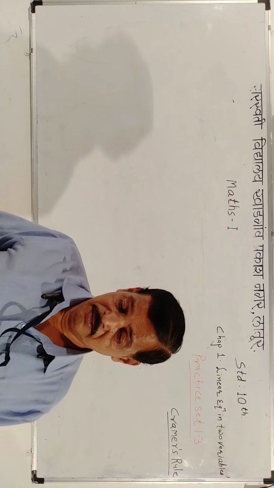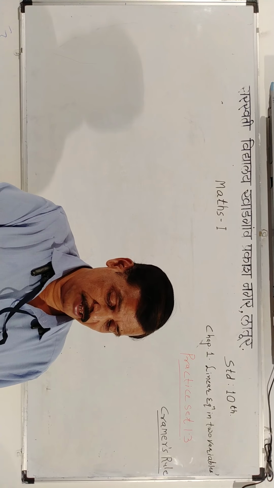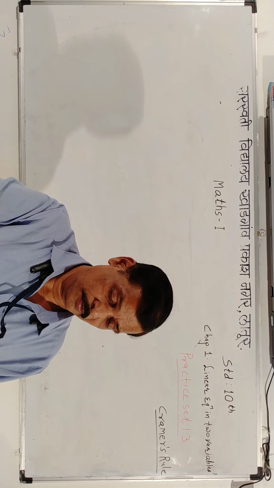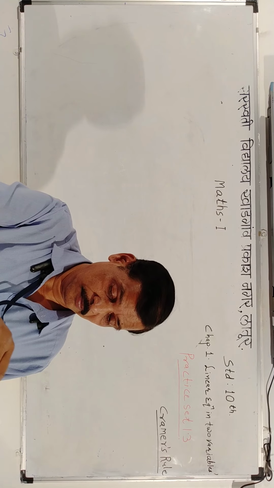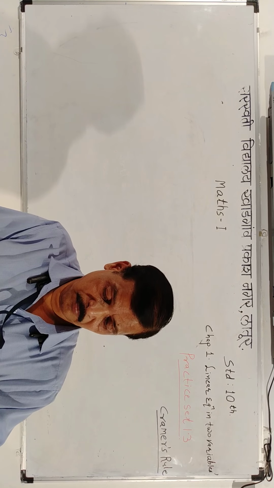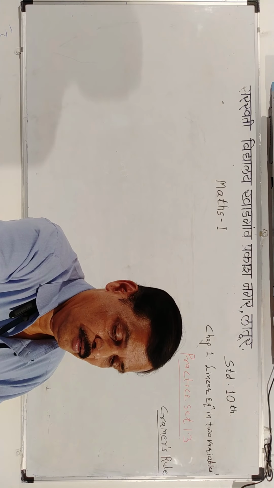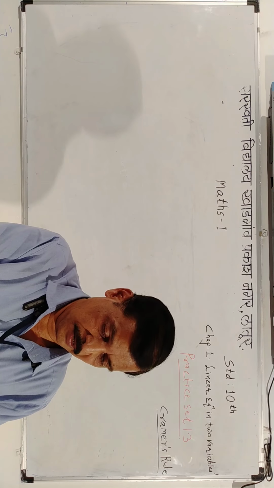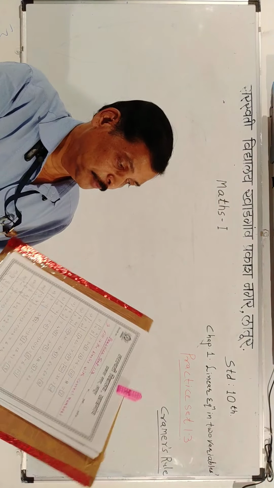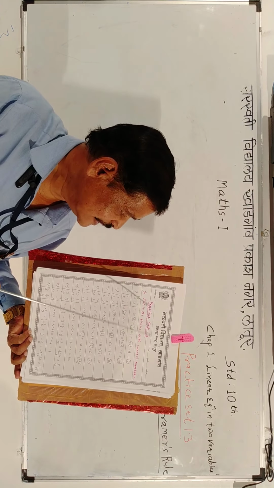So we have to find some values of the determinant by Cramer's rule. Before the start, practice set 1.3.